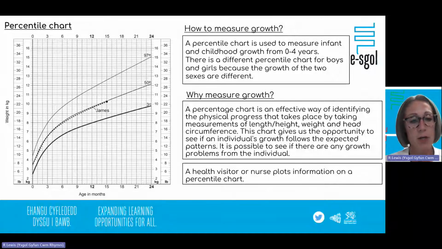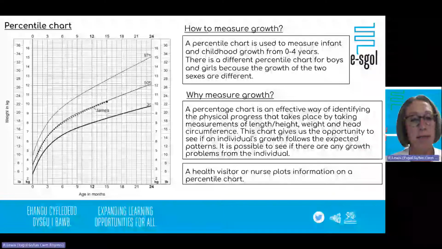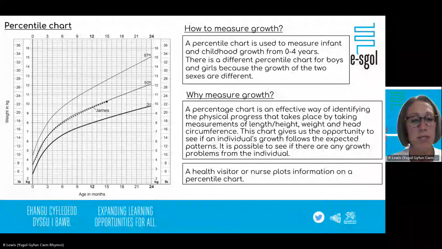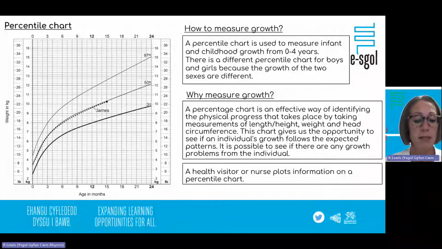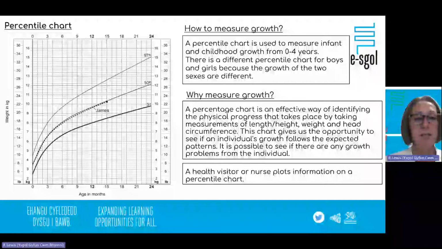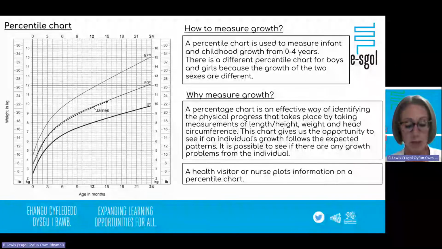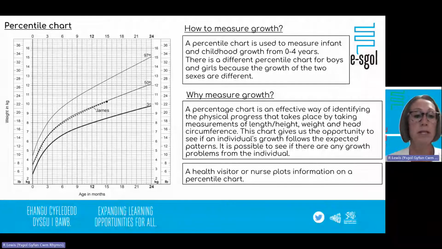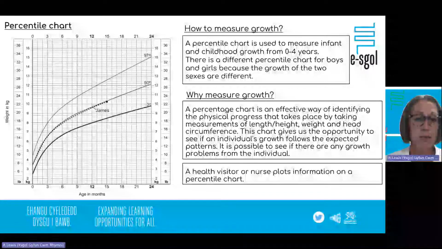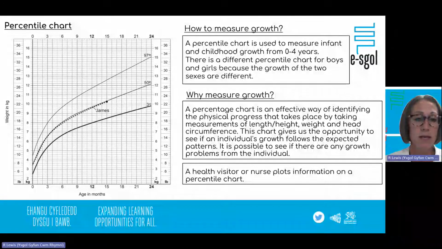When you look at this diagram, the bottom line demonstrates somebody who is lower down in the percentile, in the 3rd percentile. Then you have another line at the top which represents infants who fall into the 97th percentile. So the difference between these two lines means how heavy your baby is.